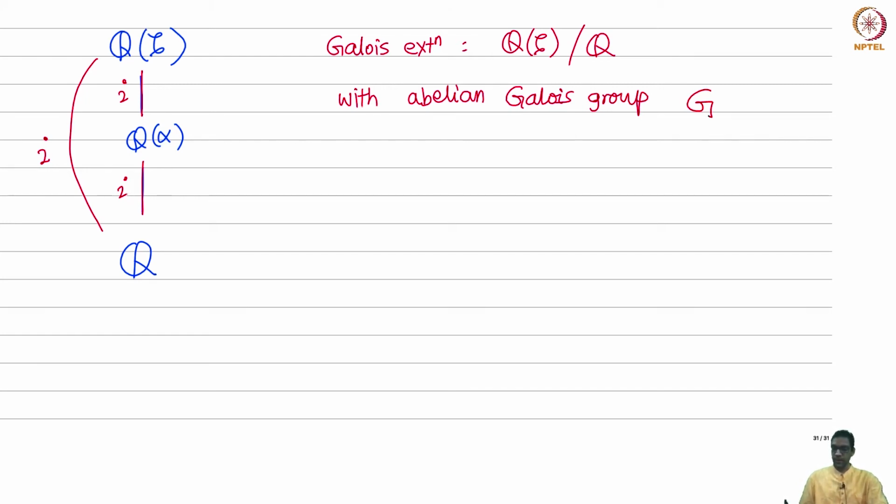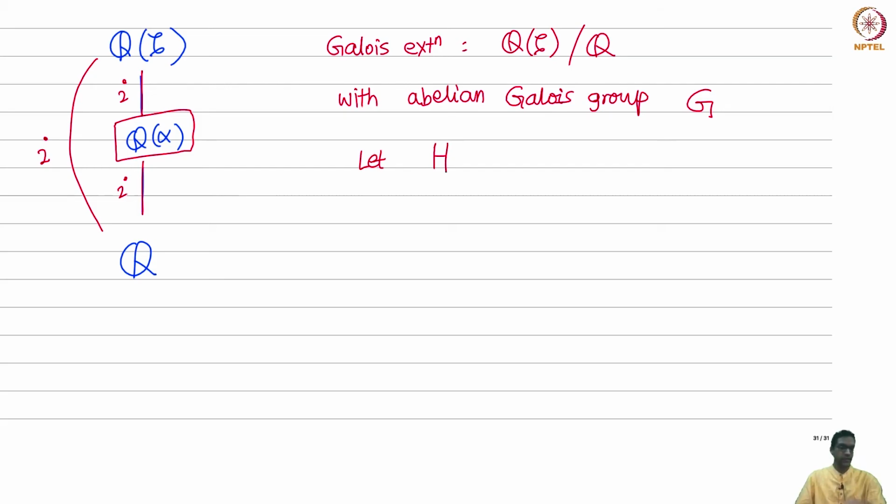Okay, now let's use the fundamental theorem of Galois theory. What does it say? It says that intermediate subfields, for example this one, are in one-to-one correspondence with subgroups of G. Okay, so in this case Q(alpha) is some intermediate subfield, so that will correspond to some subgroup.